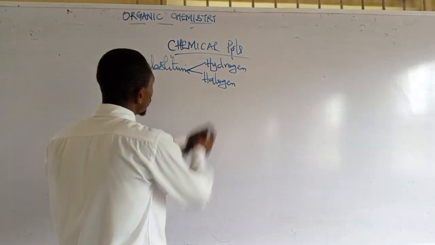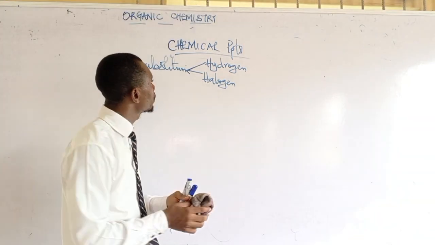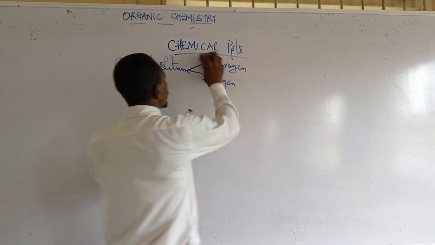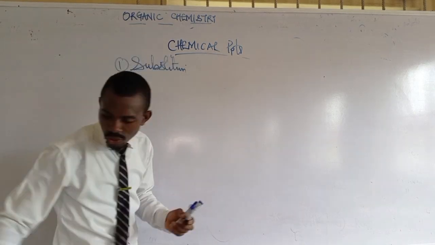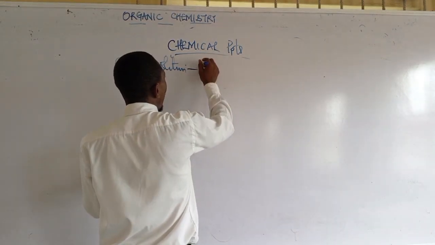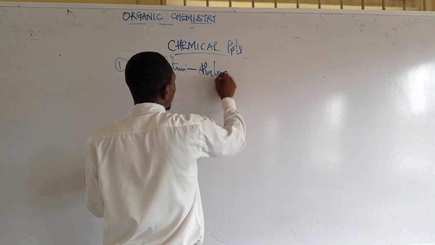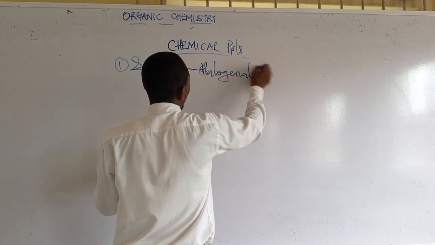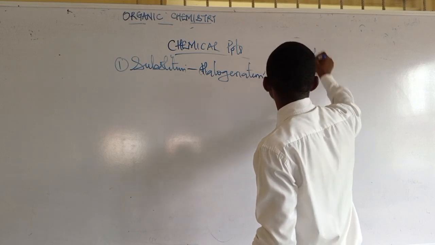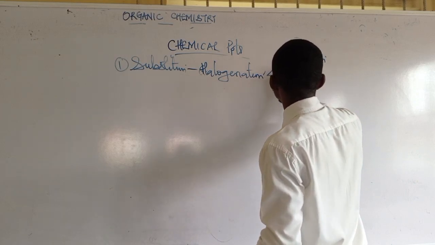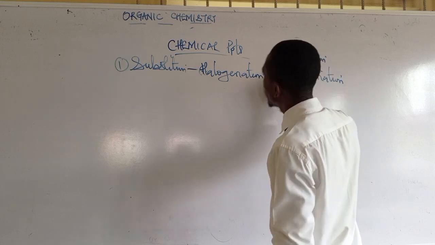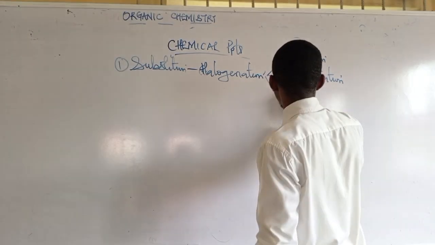So let us discuss the substitution reaction. The key one here is halogenation reaction. Basically, halogenation reaction, which will be chlorination, that is reacting with chlorine, bromination, reacting with bromine, and then iodination.